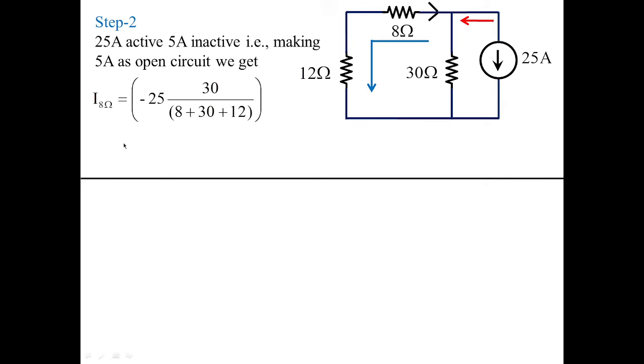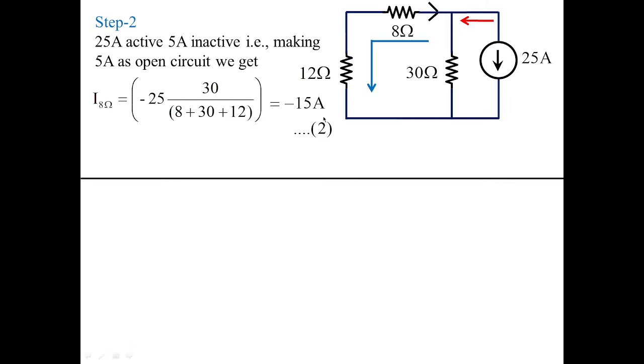So I across 8 ohms is equal to minus 25 amperes, the source current which is acting opposite to this direction of the current, times the opposite resistance. For 8 in series with 12, the opposite is 30, whole divided by 8 plus 30 plus 12. So this will give you the answer as minus 15 amperes.